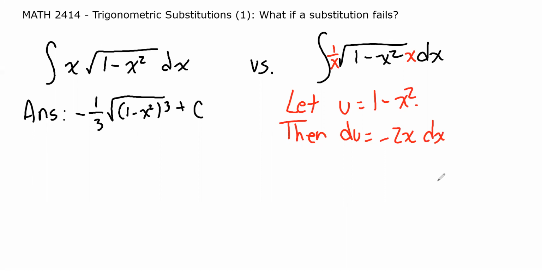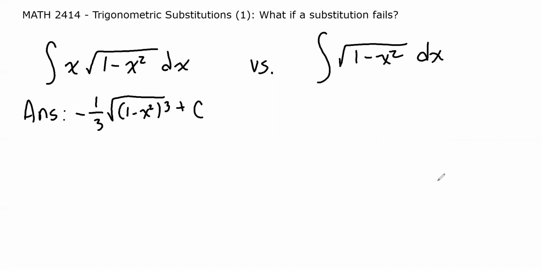And then we could solve for x, and we would get x equals the square root of 1 minus u. But I don't want to sneak that into the radical under that fraction when I'm trying to get this thing ready to integrate. That's just going to mess it up some more. So yeah, this choice of substitution, although at some point it would make the problem difficult, if not impossible to do, is the natural choice.